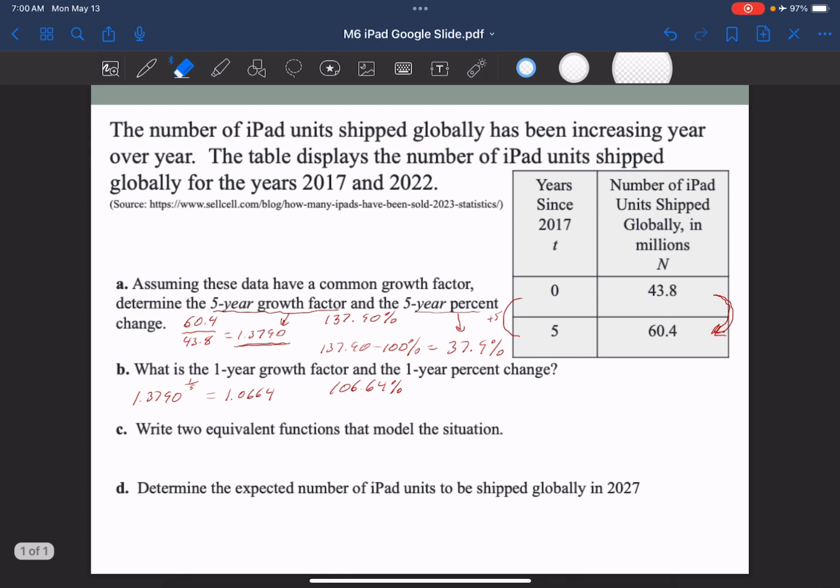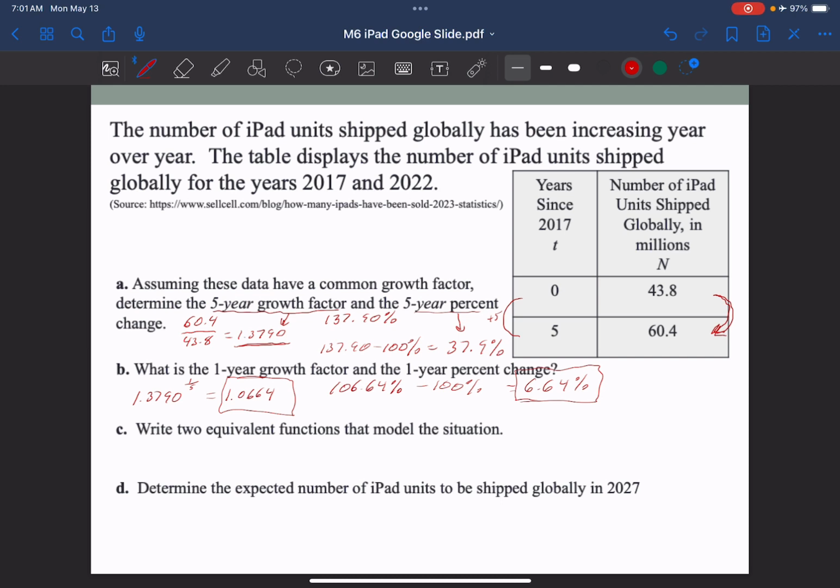When I subtract out the initial 100% that I started with, that leaves me with a percent change of 6.64%. So every year, the number of iPad units shipped globally increases by 6.64%. That's my 1-year percent change, which corresponds with my 1-year growth factor of 1.0664.